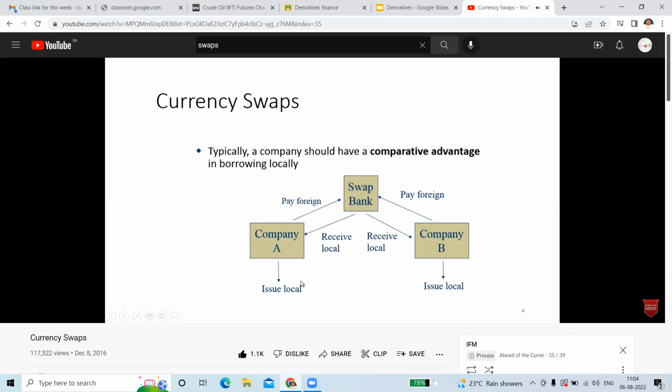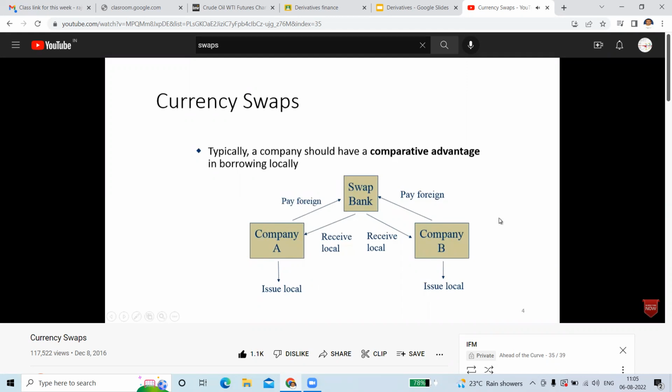So these are going to cancel out essentially. Company B is going to pay the foreign rate to the swap bank and receive its local rate. And so these will cancel out. So essentially company B will be getting the rate issued by company A in their local market. Company A will be getting the rate that company B gets in their local market. All right, it's a little confusing.